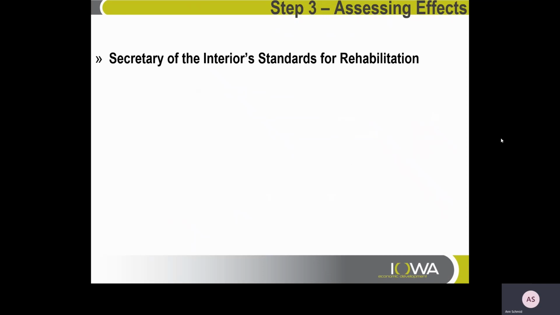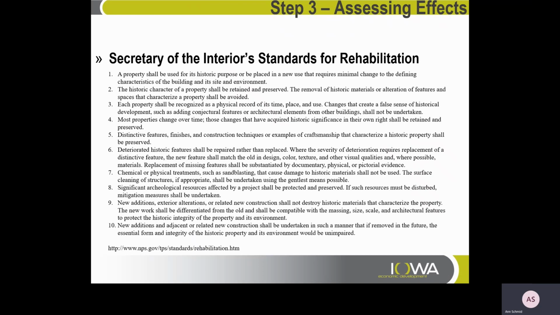I want to talk a little bit about the Secretary of the Interior standards for rehabilitation, as this is the primary means of complying with a no adverse effect finding. There are 10 standards for rehabilitation.